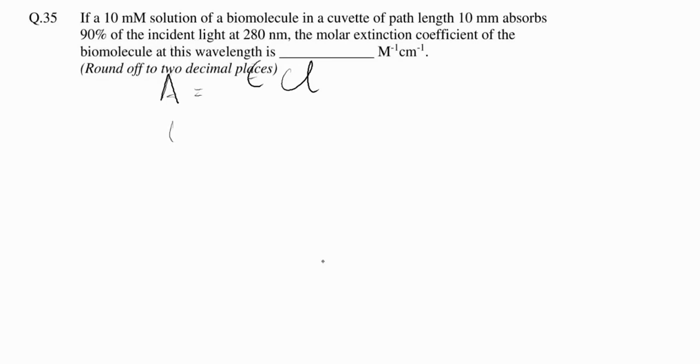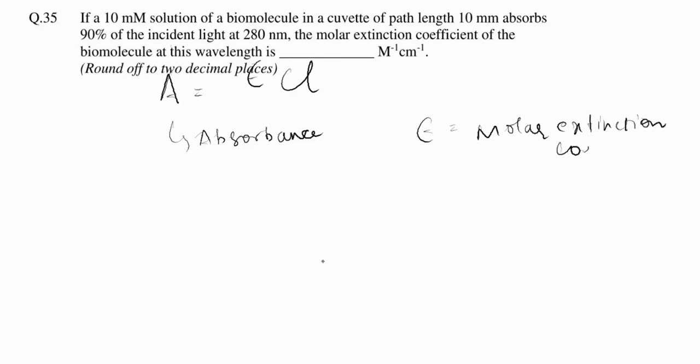A is absorbance. Epsilon is the molar extinction coefficient. C is the concentration and L is the path length of the cuvette. Now how do you calculate absorbance?